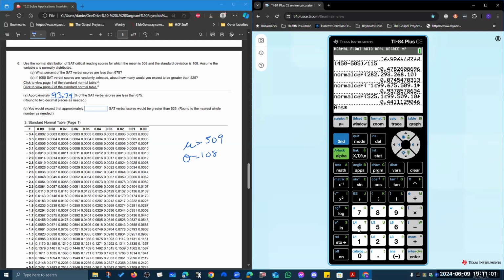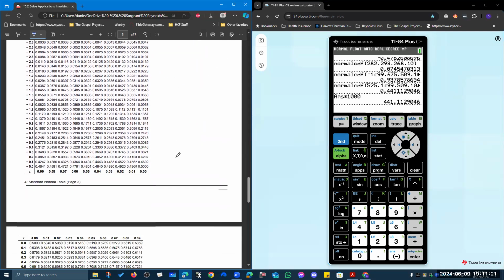So I'm going to multiply by 1,000 because this is the probability. So I'm going to do x times p of x to get the expected value. I'm going to round that to the nearest whole number. So I would expect 441 SAT verbal scores would have a score of greater than 525.